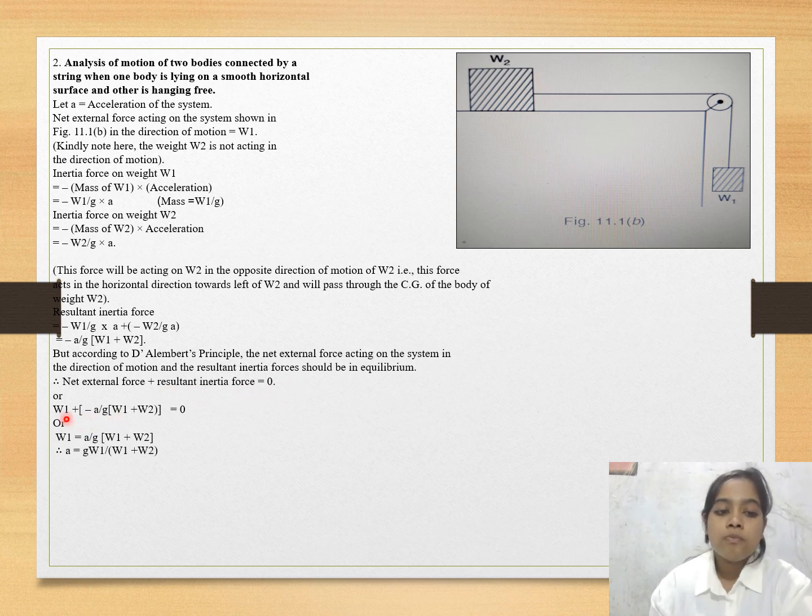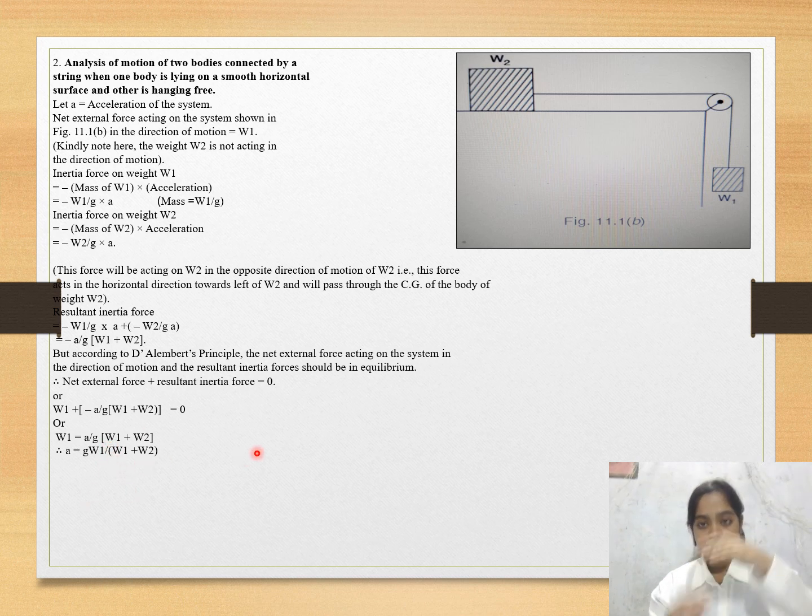As we know, the net external force is only W1, so we take only W1 and the total equal to 0. So from here we get A equal to G W1 divided by bracket W1 plus W2.